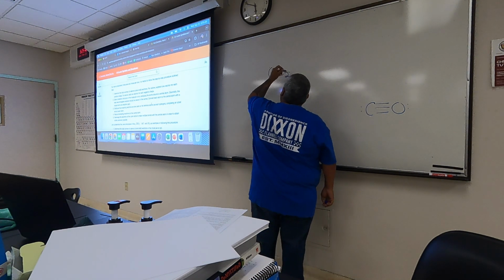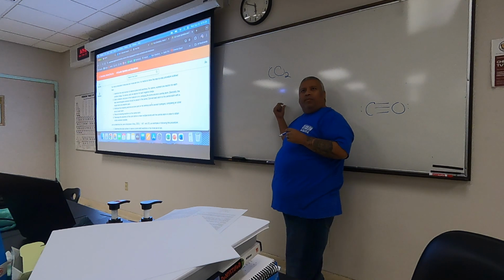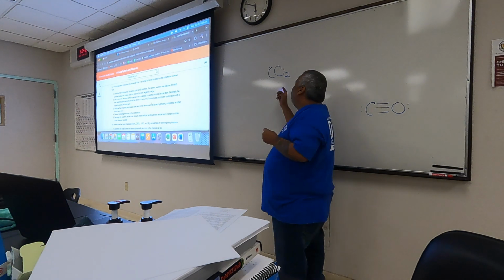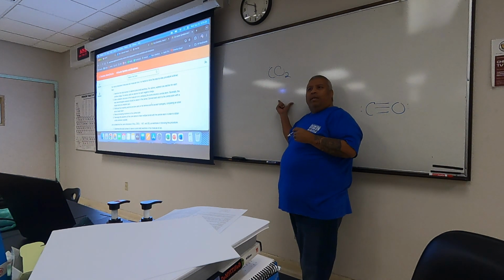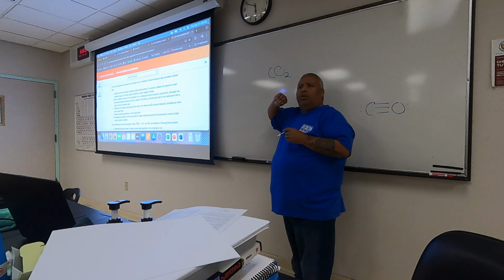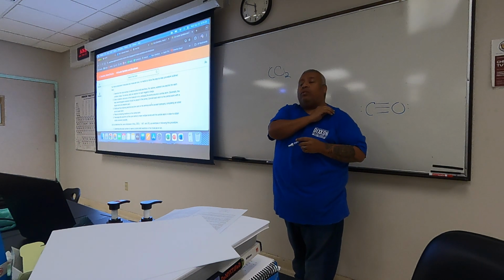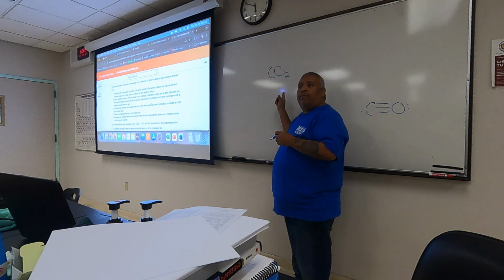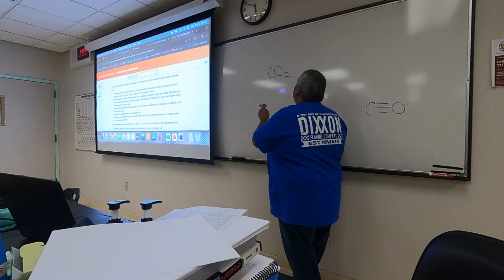If we wanted to draw the Lewis structure for carbon dioxide, the first thing we do before we start drawing anything is we need to know how many valence electrons we're working with. We don't want to go above those electrons, and we don't want to miss any of them. We need to have all those valence electrons in the Lewis structure.